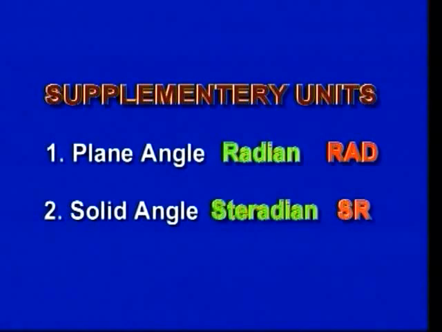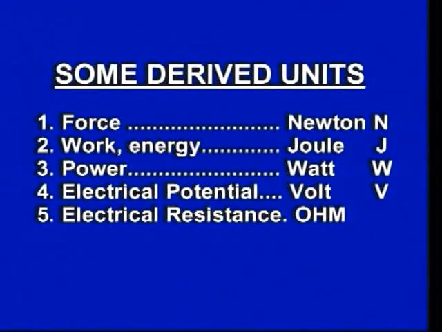The supplementary units are plane angle, its unit is radian, symbol rad. And solid angle, its unit is steradian, symbol sr. And the third category of SI units is derived units.